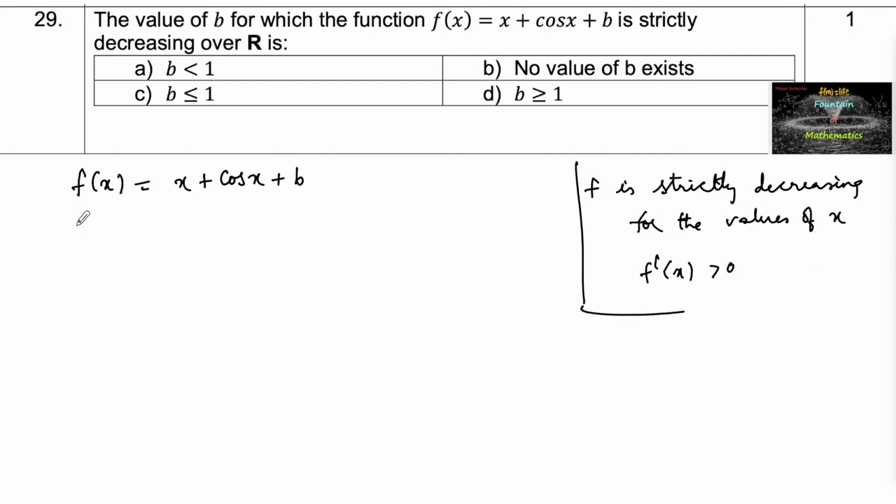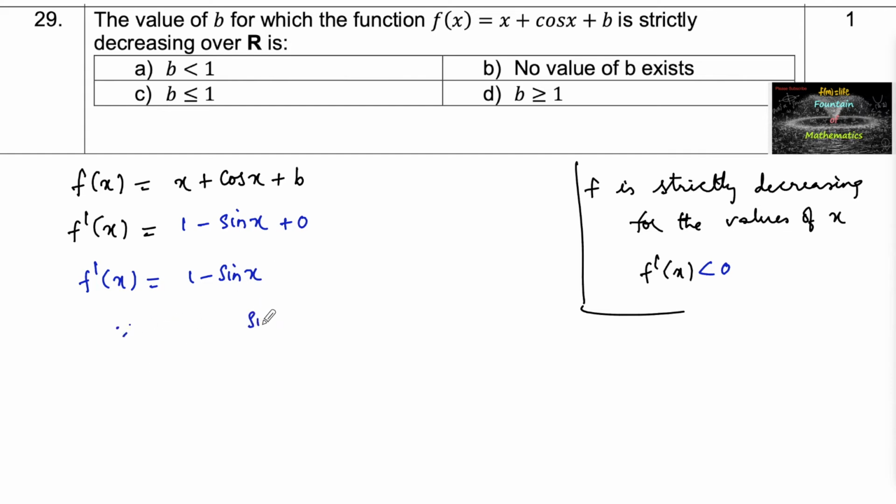So let us differentiate here. F dash of x is equal to 1 minus sin x plus 0. So f dash of x is equal to 1 minus sin x.